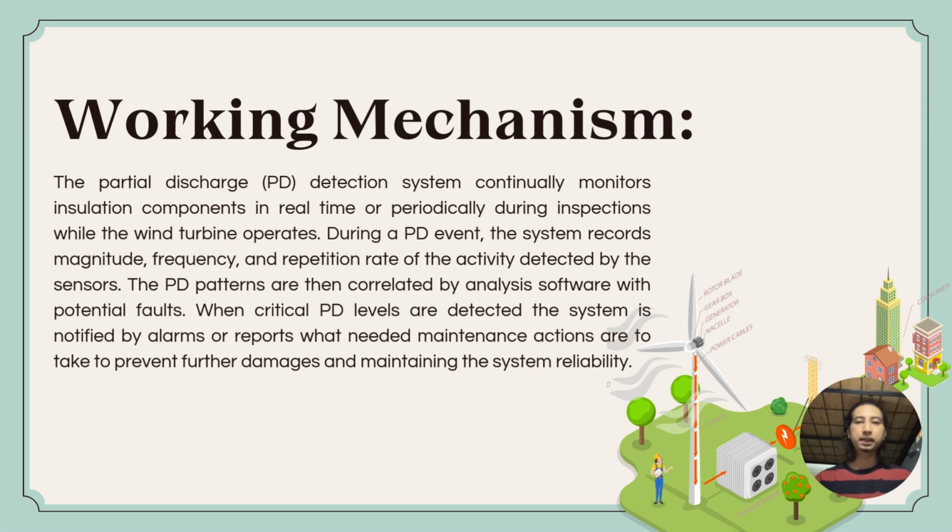The partial discharge patterns are then correlated by analysis software to potential faults. When critical partial discharge levels are detected, the system notifies through alarms or reports what maintenance actions are needed to prevent further damage and maintain system reliability.